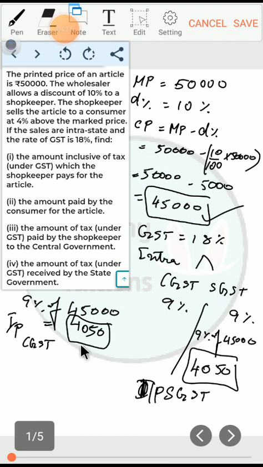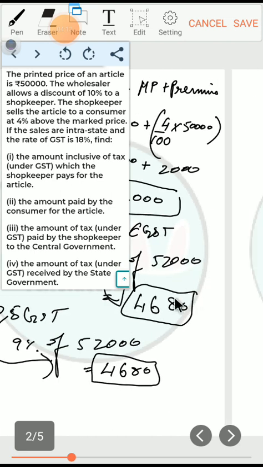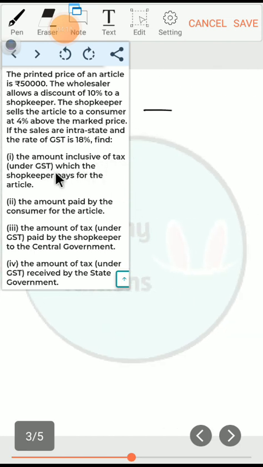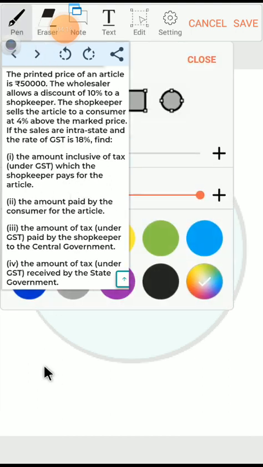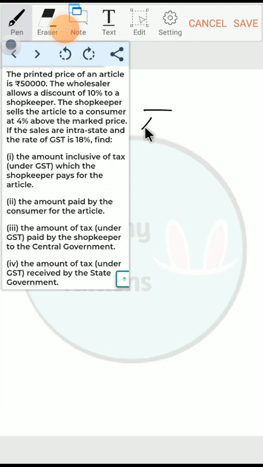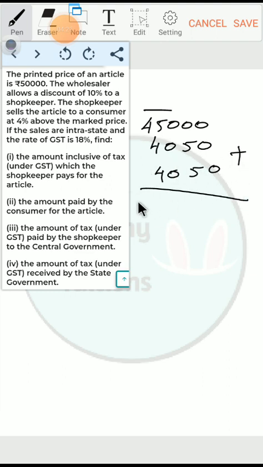So 45,000 plus 4,050 plus 4,050, which is 53,100. Done. This is the total amount which the shopkeeper pays for the article, inclusive of tax.